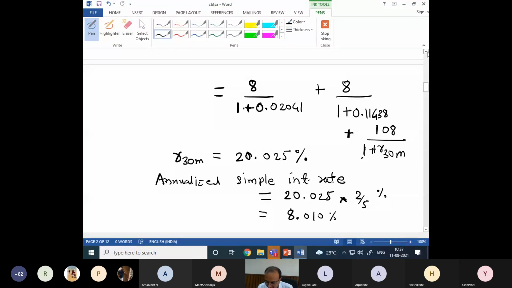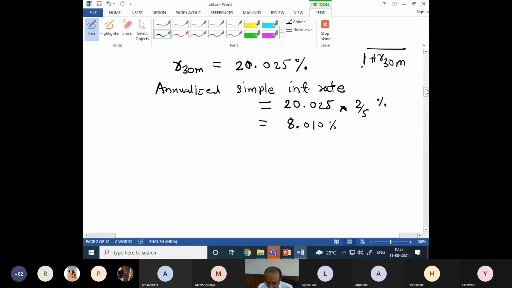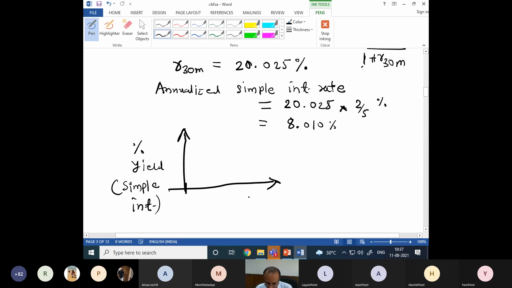Now we have the complete term structure with these three cases available. You can see I can have a graph now with this simple interest rate philosophy. So I can now create such a graph. Let me take this percentage yield with simple interest rate, and years of maturity.